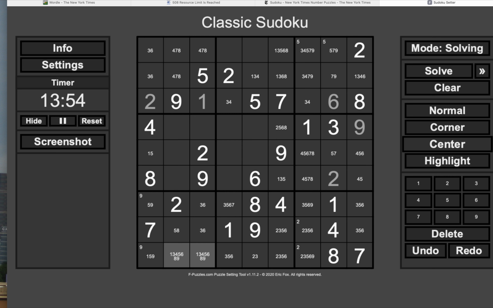It can't be 3 or 6 because there's a pair in the box. Now, what's left? This is not 8 by row, 9 by column, but it could be 1, 4, or 5. This cell is not 8 by row, 9 by column, or indeed 1 or 5. So that's a 4 that's given to us, which says that's not 4.